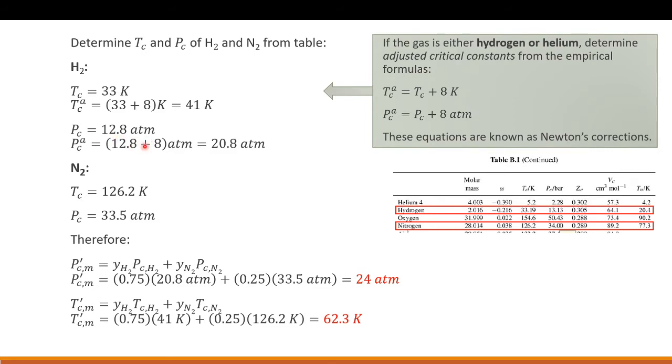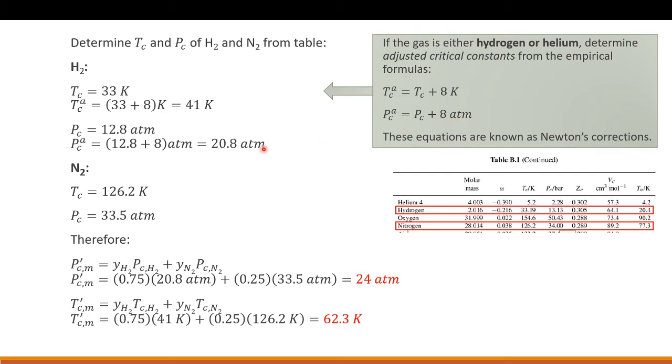Now you see here I have a formula over here. So why should I do this? Now, if the gas here is either hydrogen or helium, we need to determine the adjusted critical constant from this empirical formula. Basically, to the critical temperature and the critical pressure, we add the number 8.